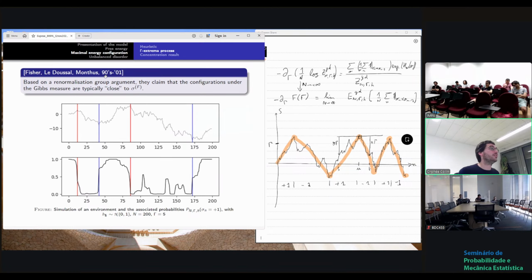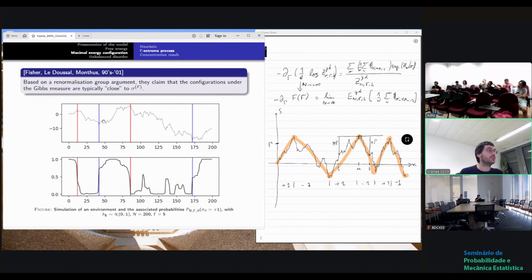So in the end of the 90s and the beginning of the 2000s, physicists Fisher, Le Doussal, and Monthus used the renormalisation group argument to justify that this should be the case. But it's not very clear what close should mean, and we're going to see how we can make this rigorous.